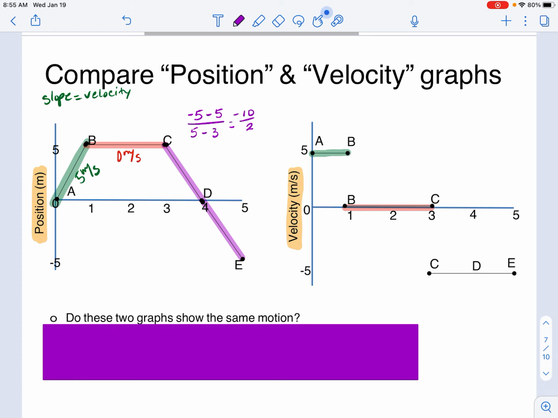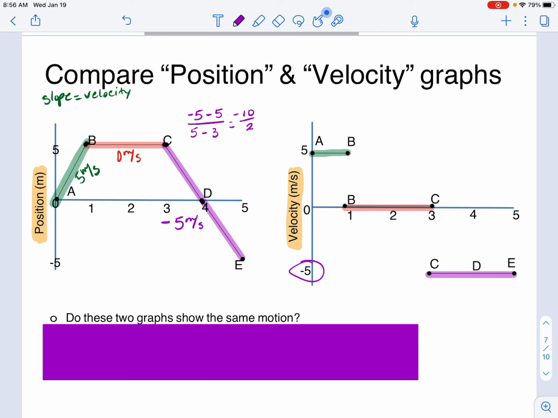So this whole segment has a -5 meters per second value. When we look at the graph on the right-hand side, C to E shows a steady value, and if we look at the y-axis, that is a value of -5 meters per second for the entire duration.